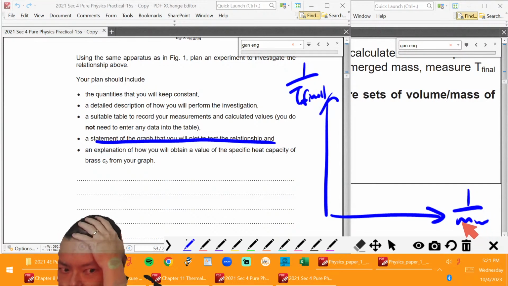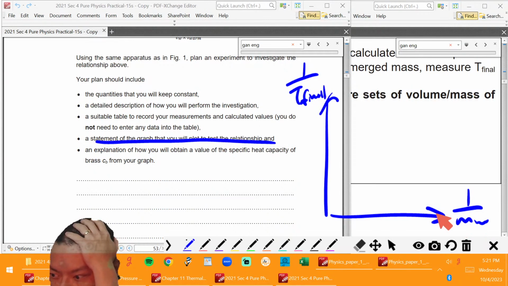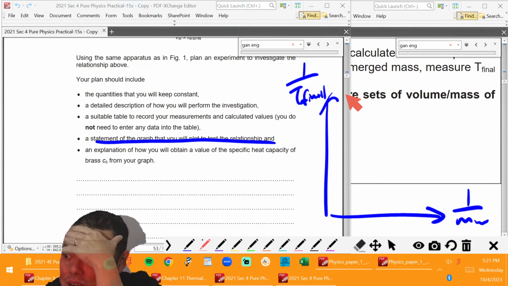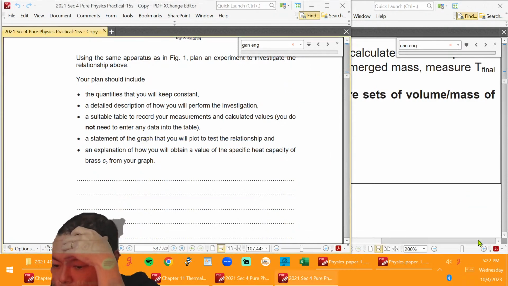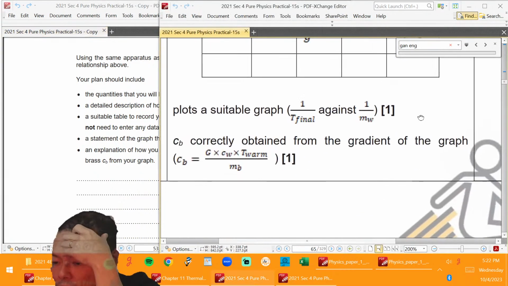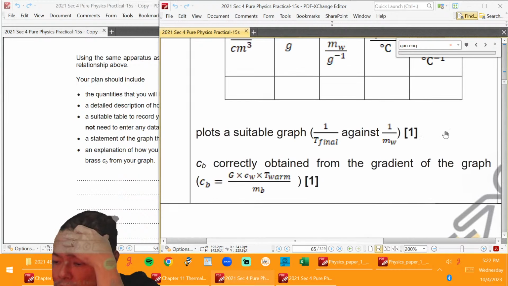Do you know why it is important not to swap it around? The y-axis is supposed to be the dependent variable. This one is supposed to be the independent. So that's why you cannot swap it around. With that statement, then you really more or less home run already. Okay? Plot T final against 1 over MW.